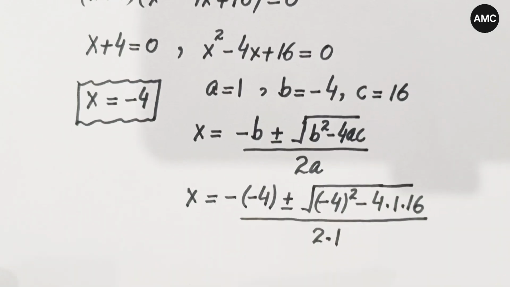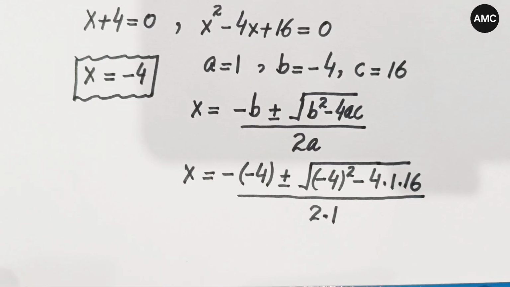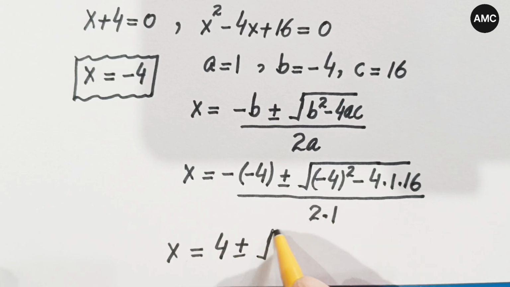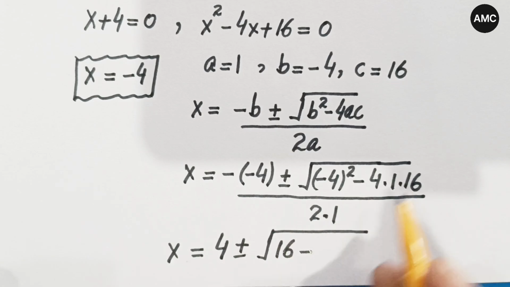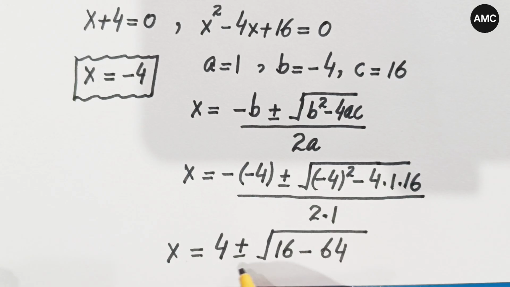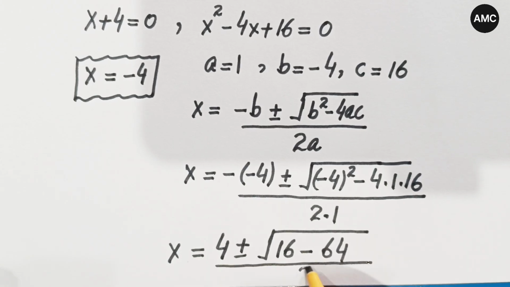Next, x is equal to minus times minus is plus, so we write 4 plus minus square root of minus 4 squared is 16 and minus 4 times 16 is 64, all over 2 times 1 is 2.